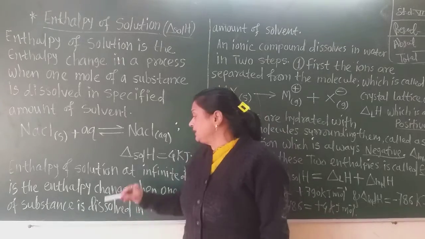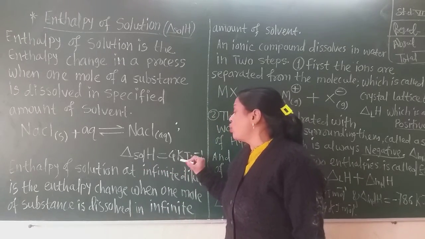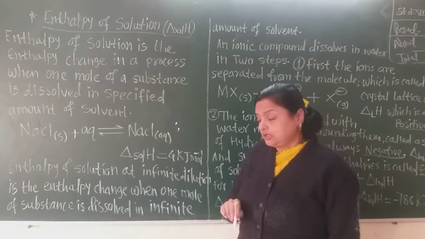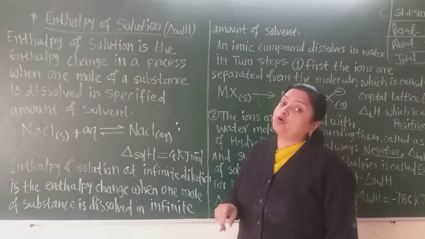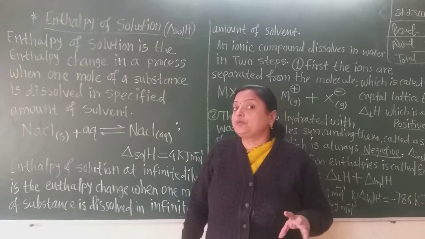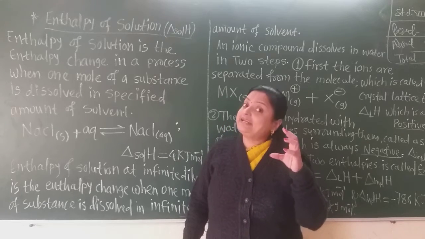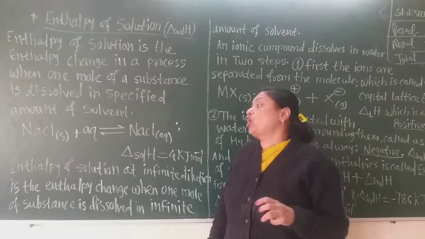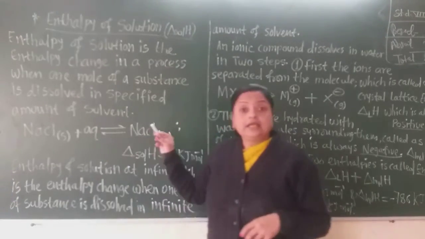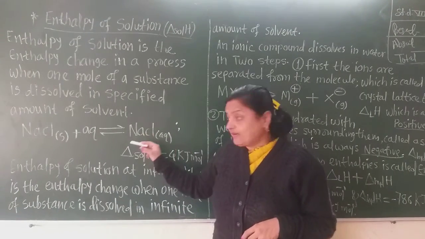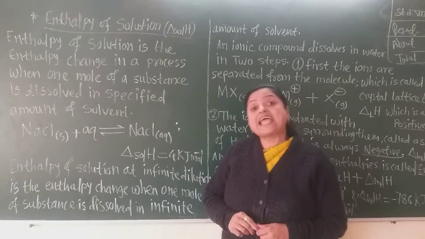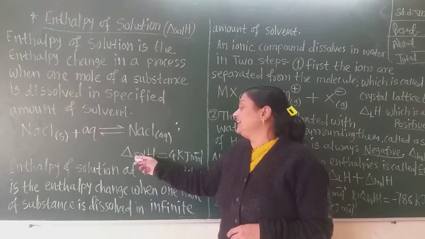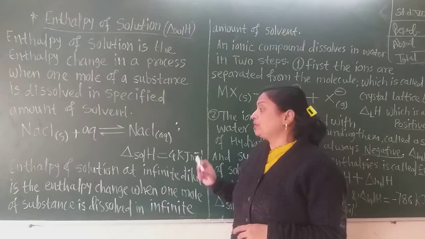Now at that time the heat is plus 4 kJ per mole. Now the delta solution H is plus 4 kJ per mole. That means 4 kJ per mole heat gets absorbed when 1 mole of NaCl is dissolved in water or solvent. Here the solvent is water and there is formation of NaCl aqueous solution, and the delta solution H is 4 kJ per mole.